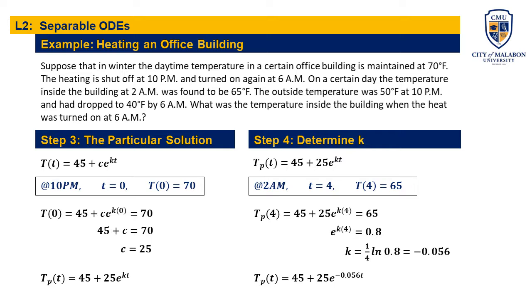Therefore, our particular solution, without the arbitrary constants, temperature as a function of time is equal to 45 plus 25 e to the negative 0.056 t.